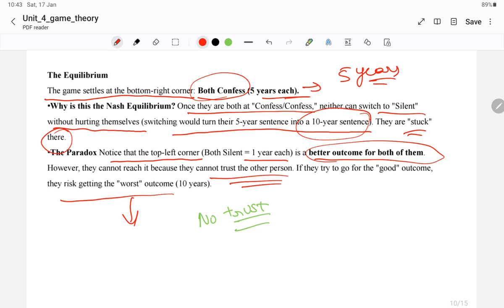So both would confess, so that at least they get 5 years instead of 10 years, even though the best outcome would have been if they remained silent, that is 1 year. So this is the Nash equilibrium where both confess at 5, 5, and that would help them get a somewhat reasonable outcome. Okay, thank you.